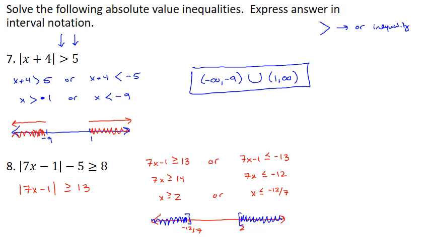And you're going to end up using a union symbol just like number 7 because there is a jump in your answer. So your final answer should be negative infinity to negative 12 sevenths, union 2 to infinity. We use brackets this time on the two numbers because there was an equal sign in the original inequality.